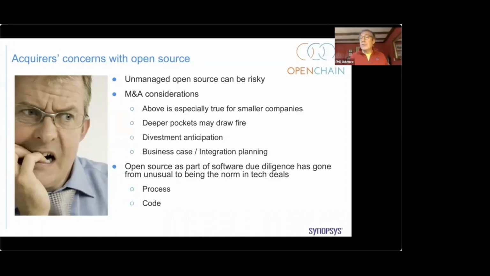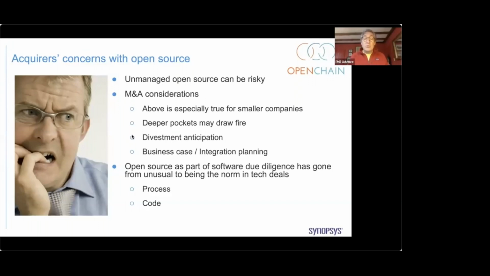So open source. I personally have been involved in working with M&A clients on a variety of software issues for about 8 years. My organization's been at it longer than that. And during that time, considerations of open source as part of M&A deals have gone from being a bit unusual to really being the norm.